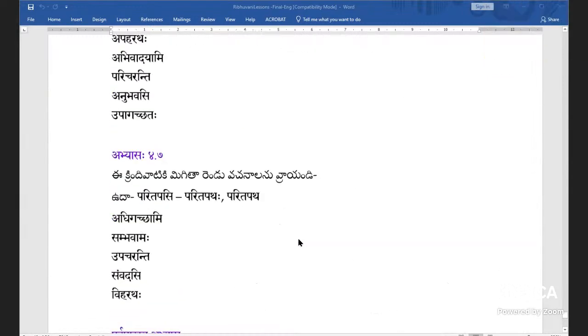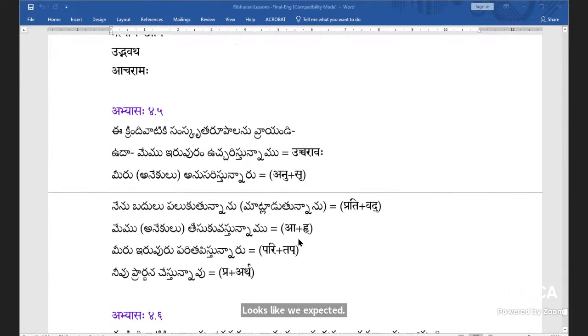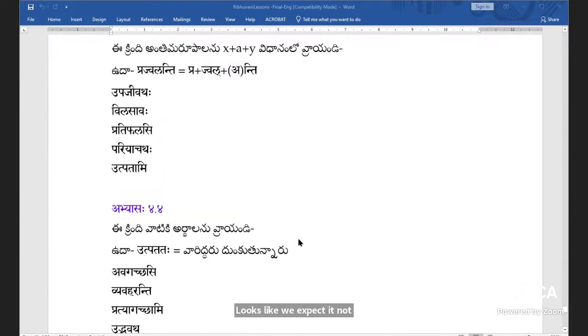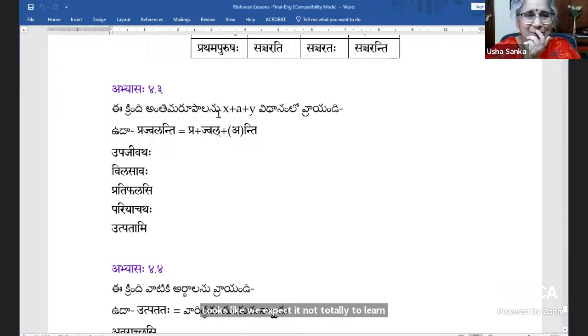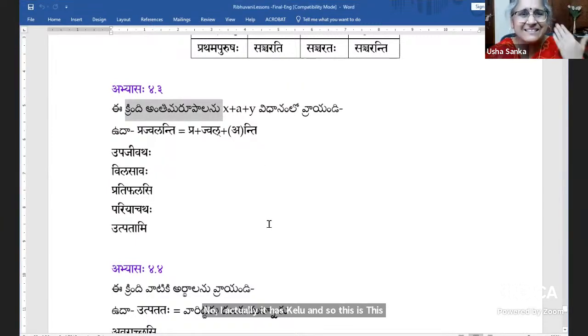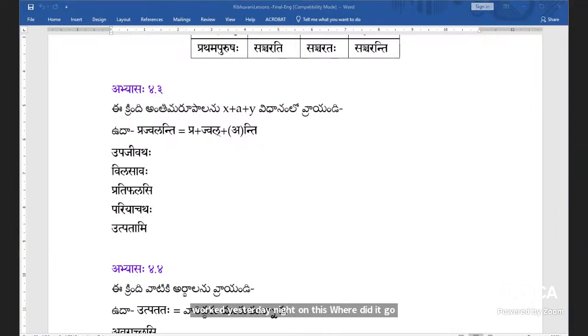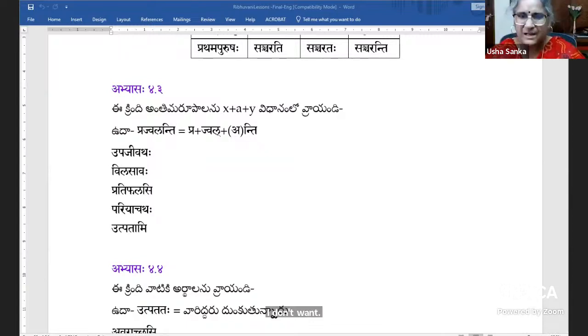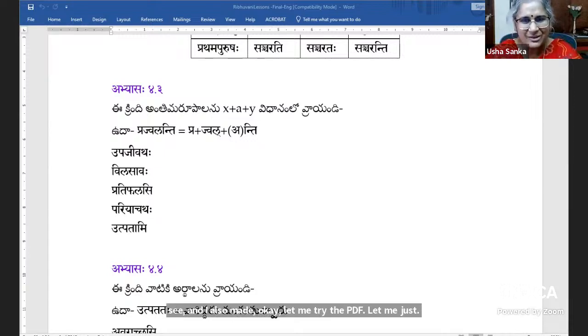Looks like we expected not only to learn Devanagari but also Telugu script as well. No, actually it has Telugu also. This is strange. I worked yesterday night on this. Where did it go? Maybe you haven't saved the file. No, I saved it. Okay, let me try the PDF. This is strange. I was working on the same file. No, it's not.